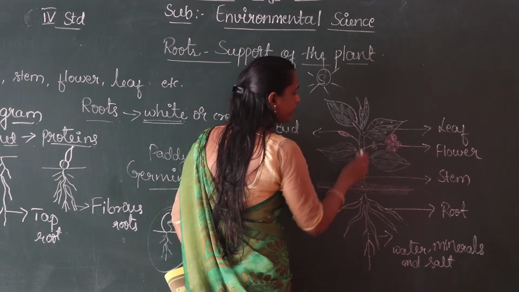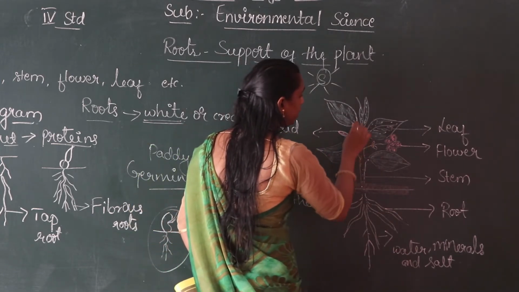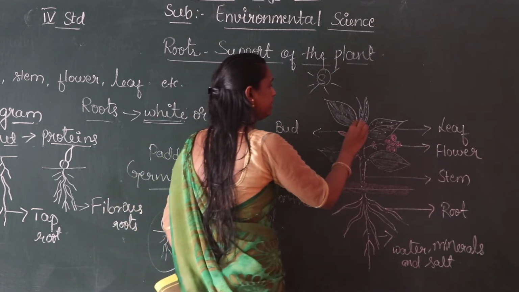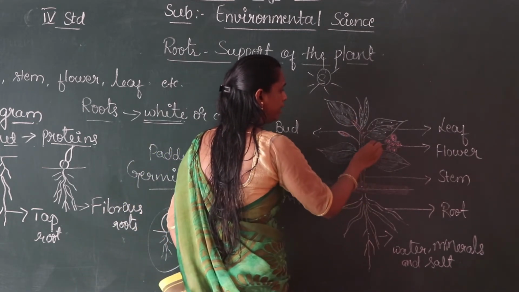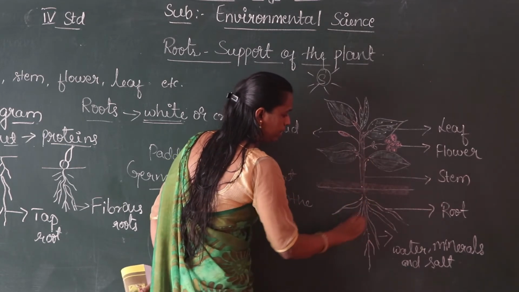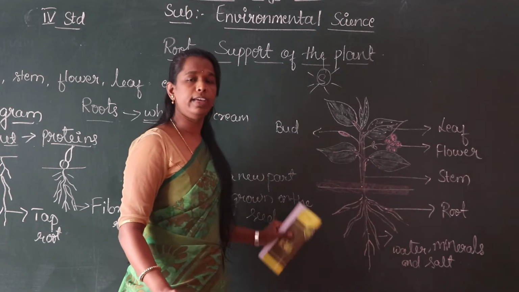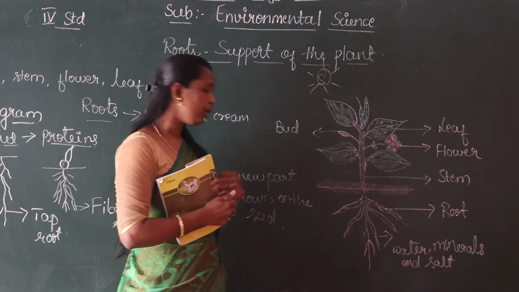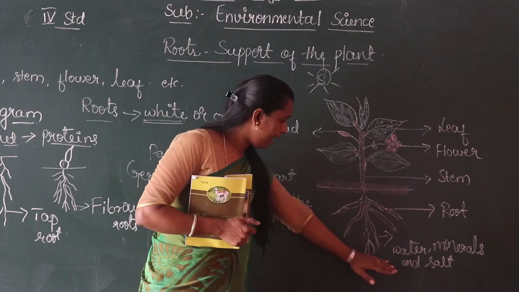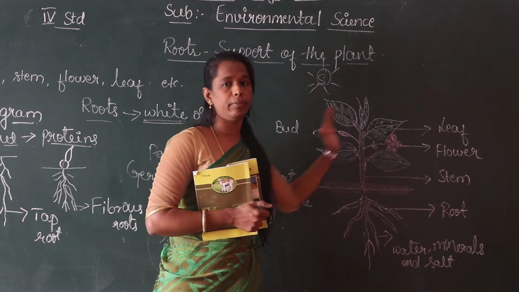The stem of the plant will be in red color. See the stem, the plant becomes red in color. So in this activity we observe that the roots absorb water from the soil and transport it to all parts of the plant body.